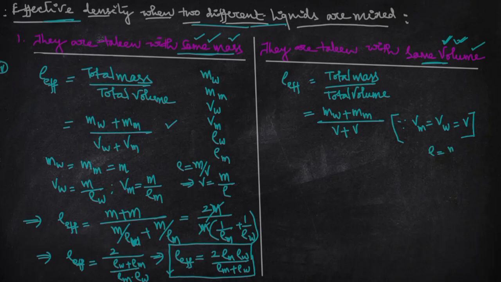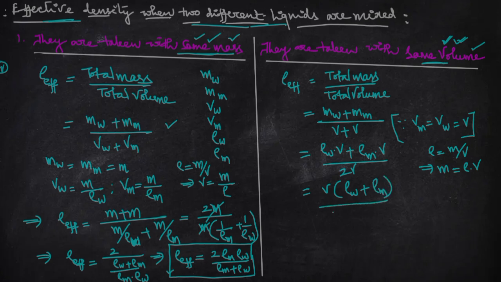Density is equal to mass per volume. From here, mass can be written as density into volume. So mass of water is density of water into volume plus mass of milk is density of milk into volume, by 2V. This V comes out, and it is density of water plus density of milk by 2V.